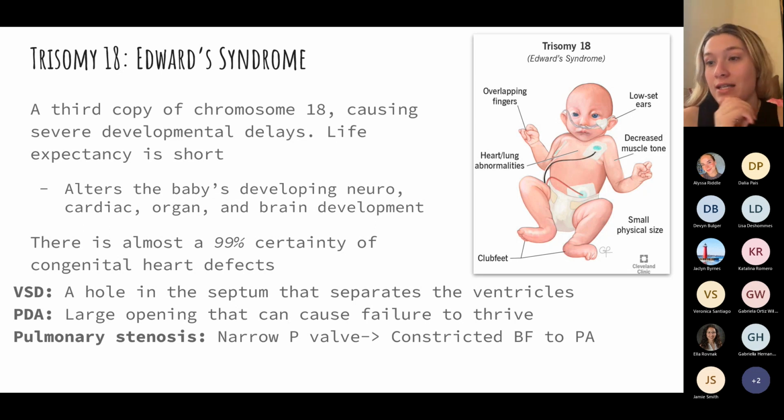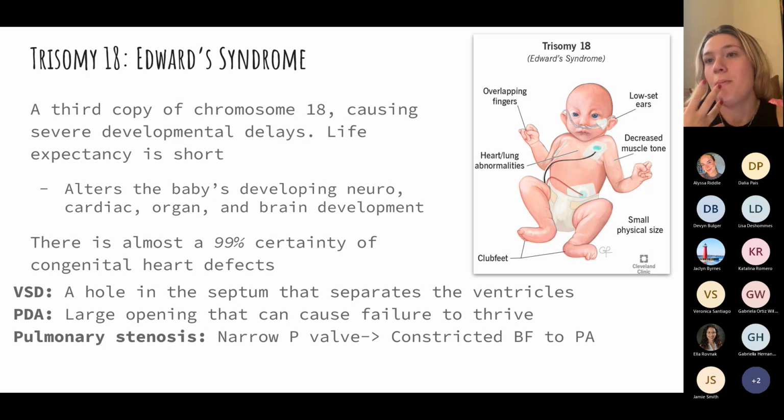Unfortunately, while this is compatible with life, the baby will be born, the prognosis is very poor and the life expectancy is pretty short. Essentially, all of their cardiac organ development is pretty delayed. Specifically, congenital heart defects is the big issue with Edwards syndrome. So we do have these clubbed feet.